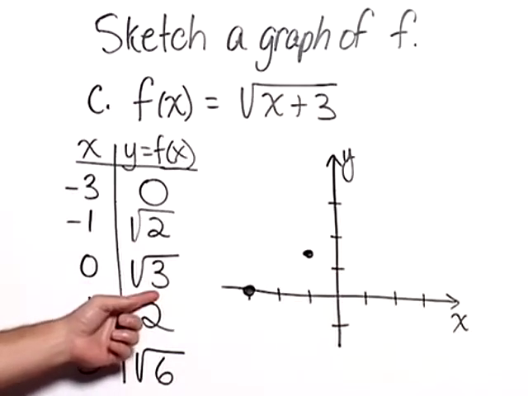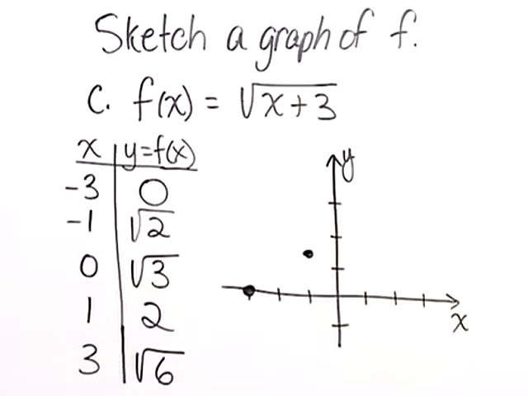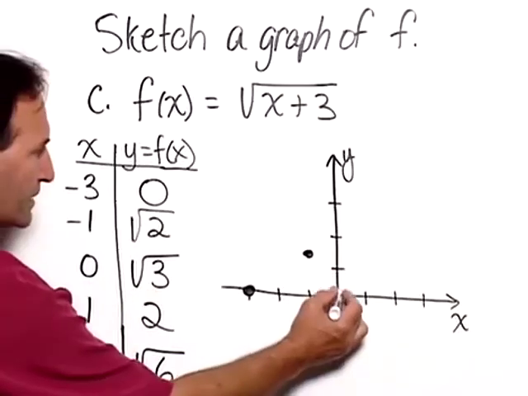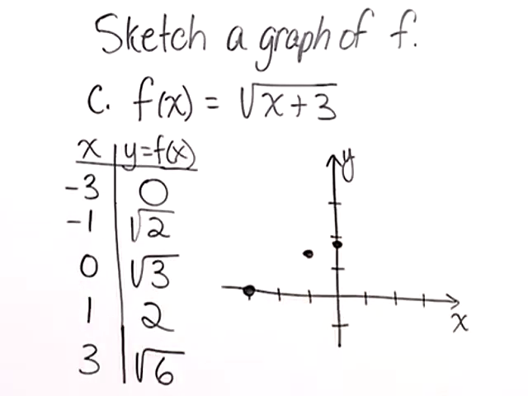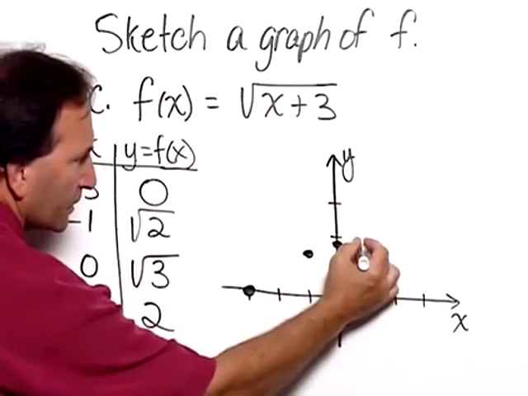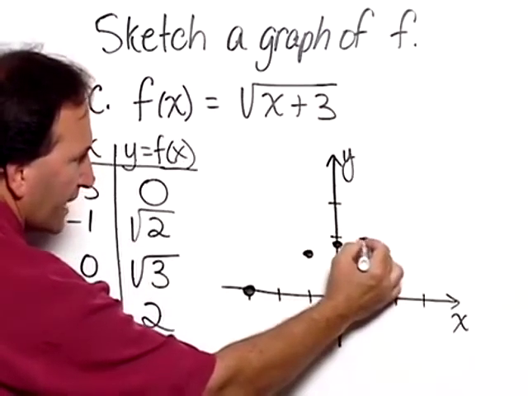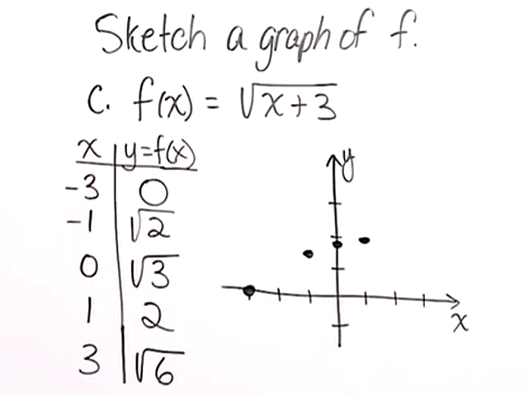Again, substitute that into a calculator, and that's approximately 1.732, etc. So it would be 0, 1.73, etc. We have the point 1, comma 2. So you can begin to see that the shape of this is the square root function, and we have just one more point, 3, and then the square root of 6.